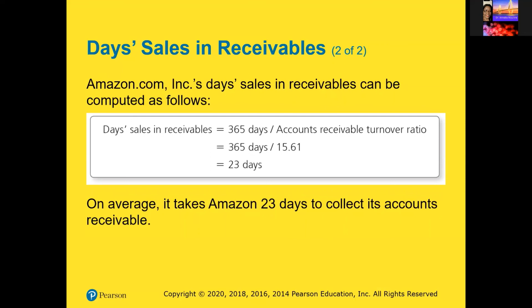However, this figure is somewhat misleading. We used total net sales rather than net credit sales when calculating the accounts receivable turnover. Therefore, our calculation includes both cash and credit sales.